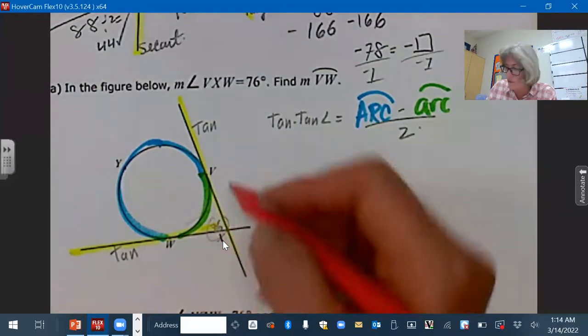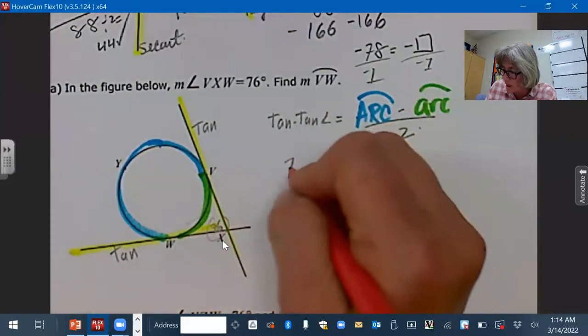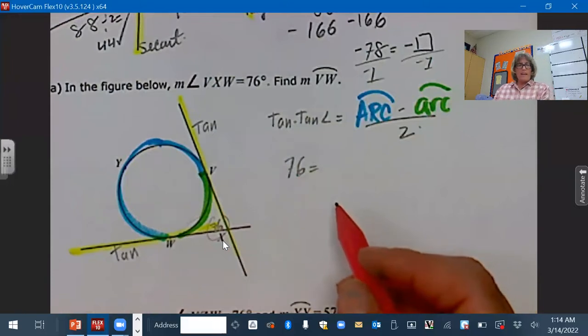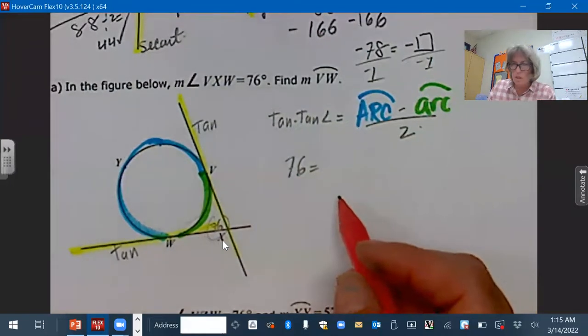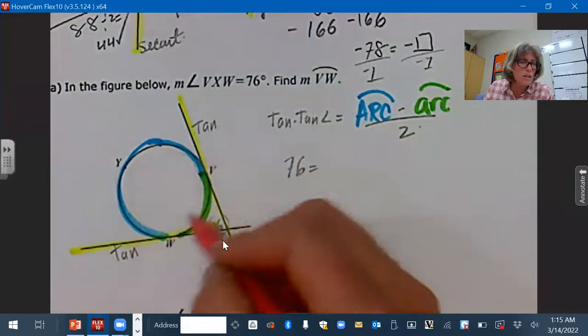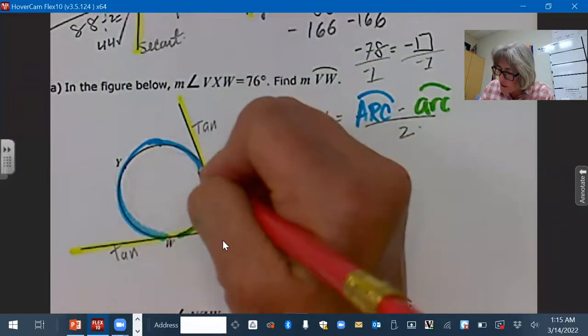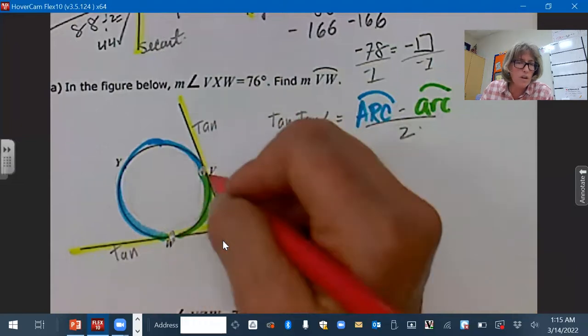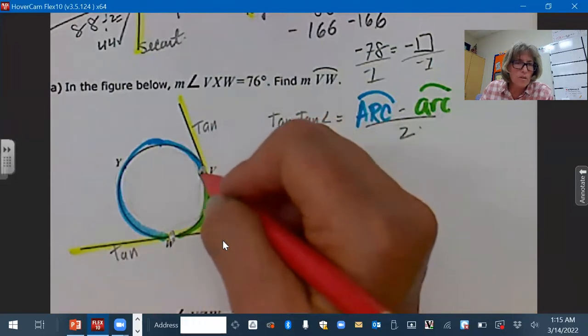We're going to take this 76 and put it where the angle is, because that's what we're told it is. And there's a couple ways to do this. The trick to this is knowing that circles always add up to 360. And you can see a tan-tan splits it by the definition of 360.